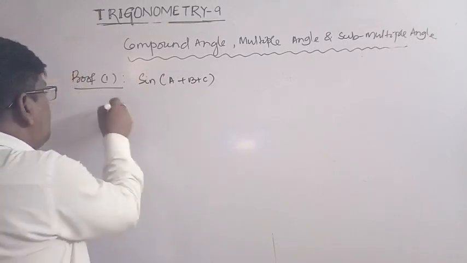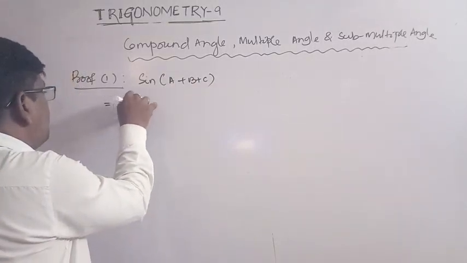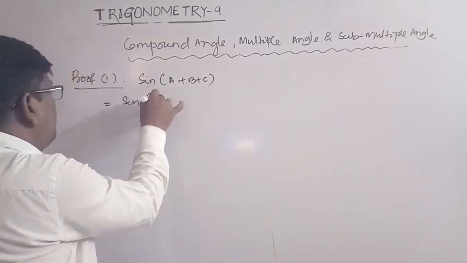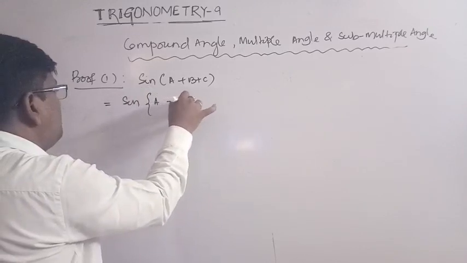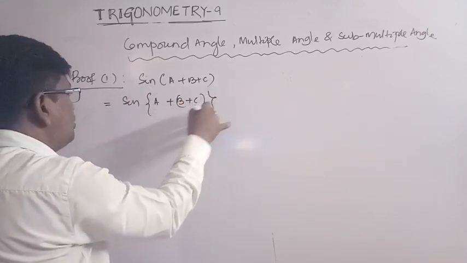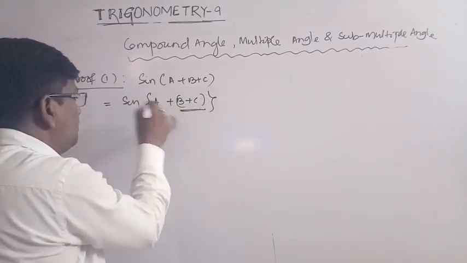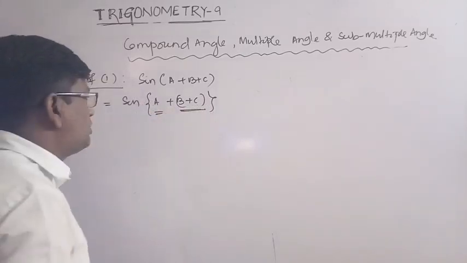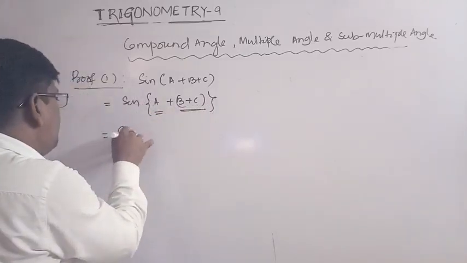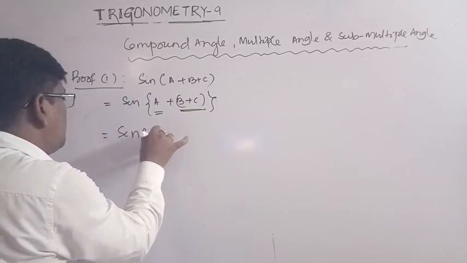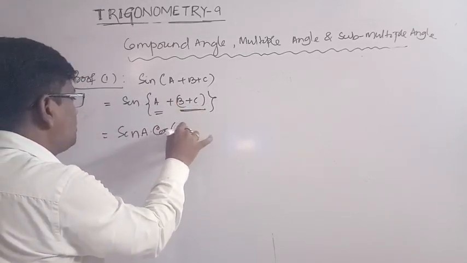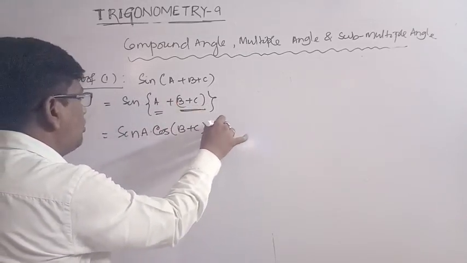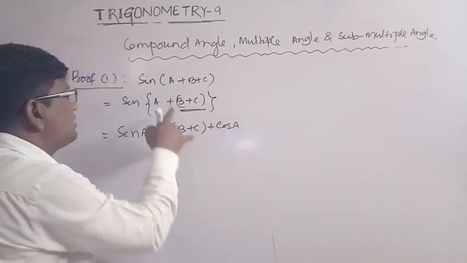This can be written as sin of a plus b plus c. Suppose this is a and this is b. Apply sin a plus b formula. So sin a into cos of b plus c plus cos a, and sin b means what?